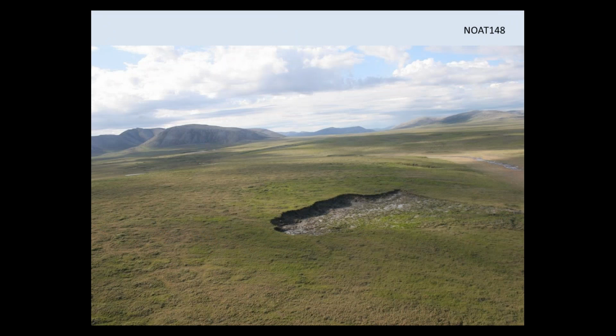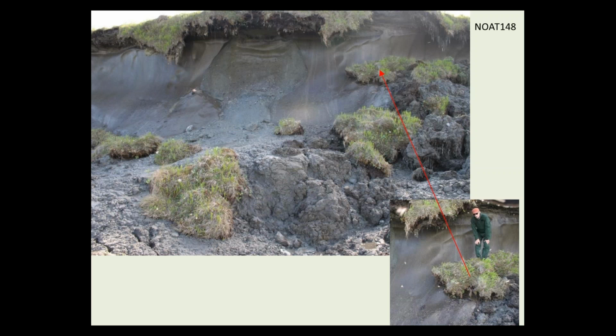You can see the landscape of the upper Noatak Valley. This is what it looks like. It's this rolling glacial terrain with these kind of rounded mountains, and there's the slump right there. You can see the escarpment on the left side in the shadow. And this is one of the Itkillik 1 aged glacial deposits.